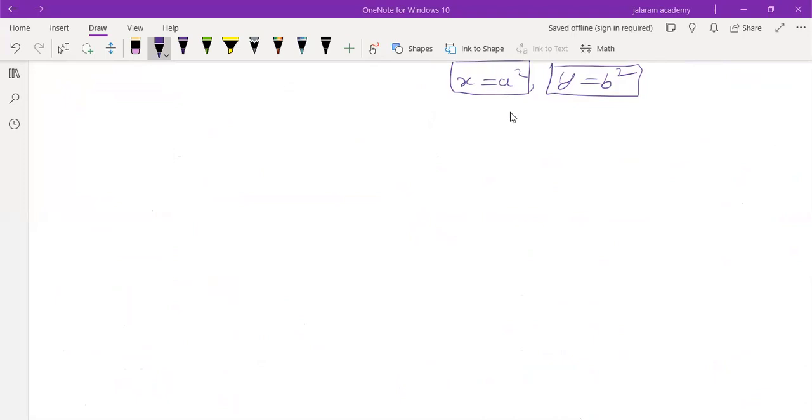So state again. x upon b1c2 minus c1b2 is equal to y upon c1a2 minus c2a1 is equals to minus 1 upon b1a2 minus b2a1. State again.